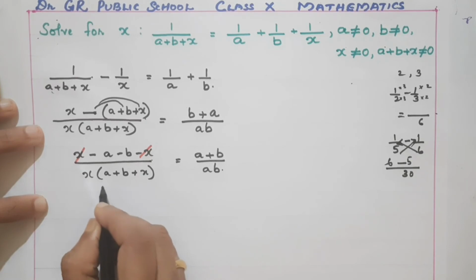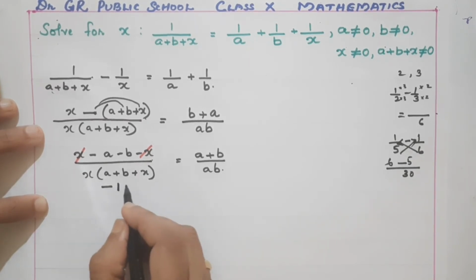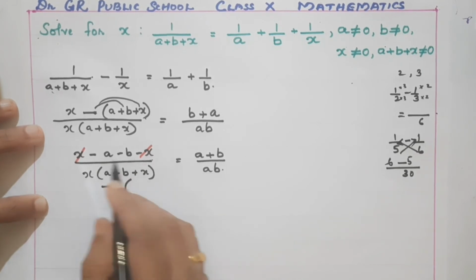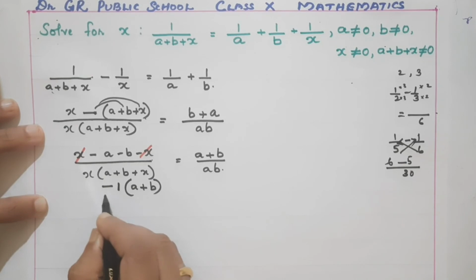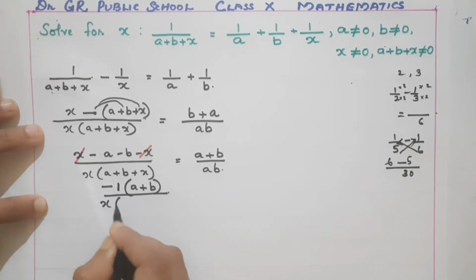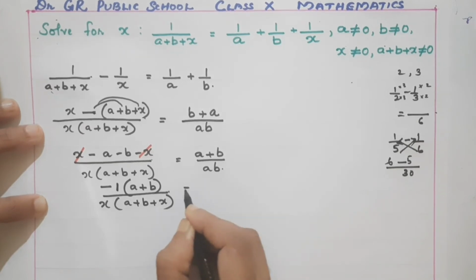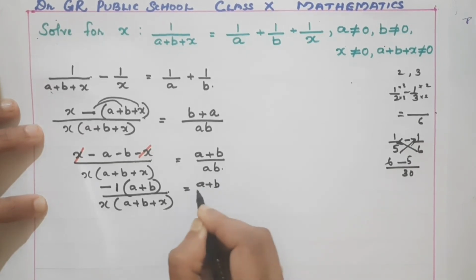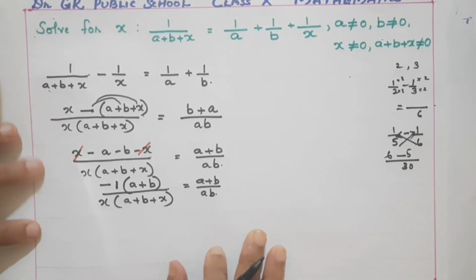So if we are taking minus 1 outside, inside the bracket a plus b by x into a plus b plus x equal to a plus b by ab. Okay children.